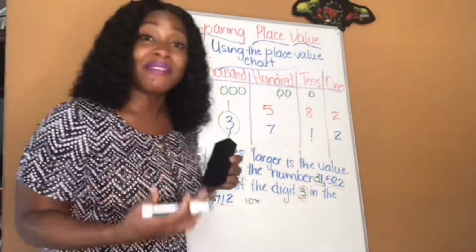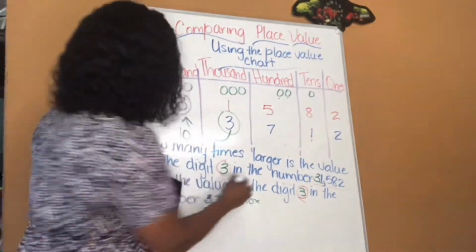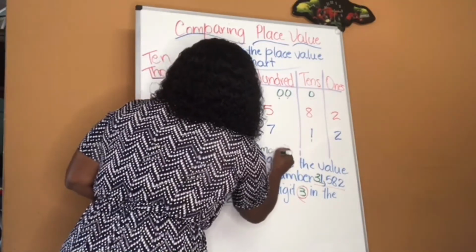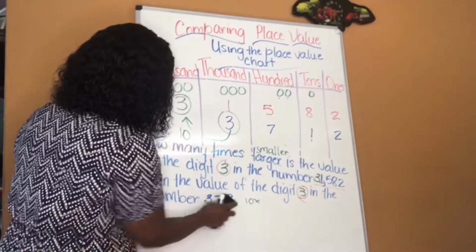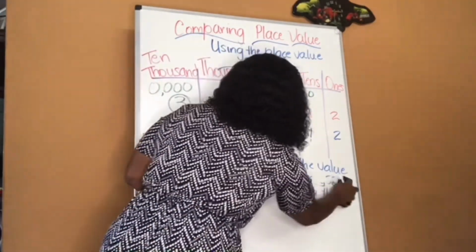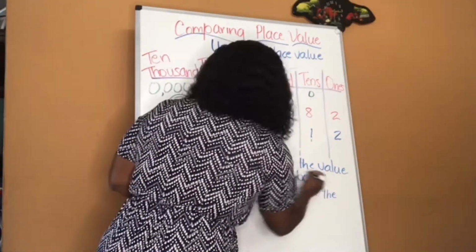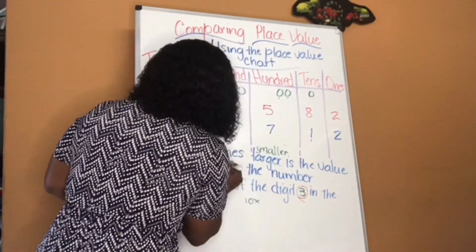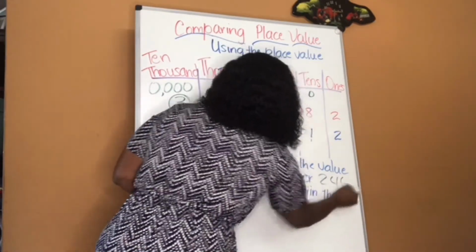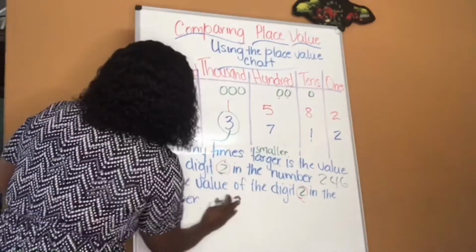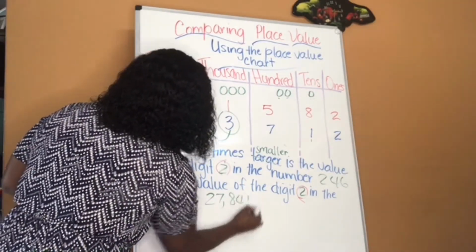Now they could have asked you how many times smaller. They could change larger and say: how many times smaller is the digit 2 in the number 246 than the digit 2 in 27,841?